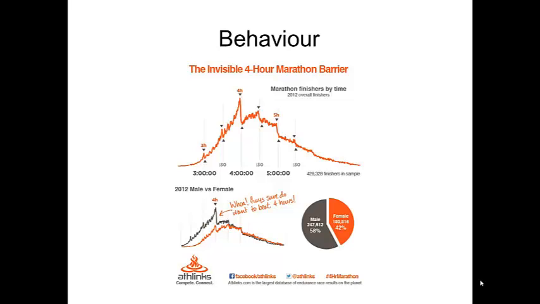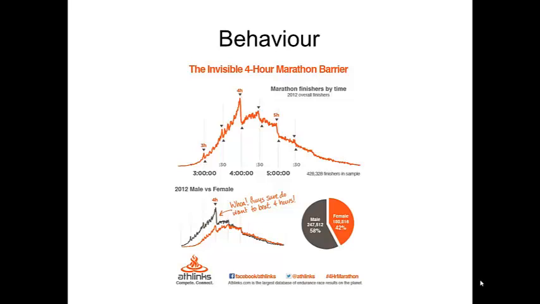So here's a graph of finishing times for marathon runners. It's quite interesting. Here we are, 3 hours, 4 hours, 5 hours. The interesting points are these peaks just before the hour. I'm no marathon runner, but marathon runners want to get in under 4 hours. They want to get in under 5 hours.